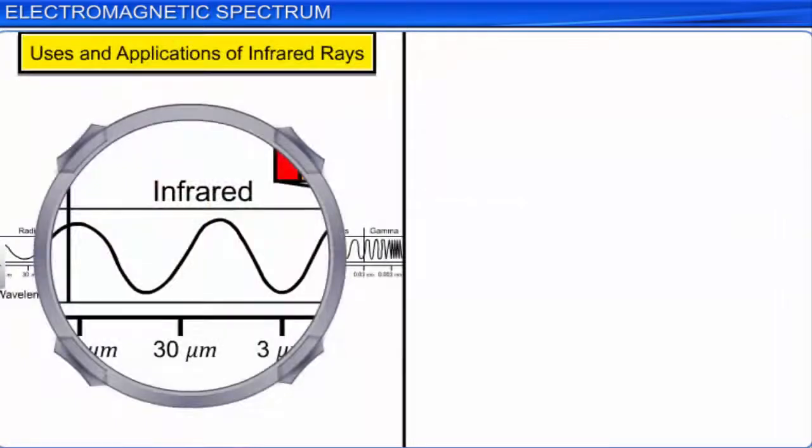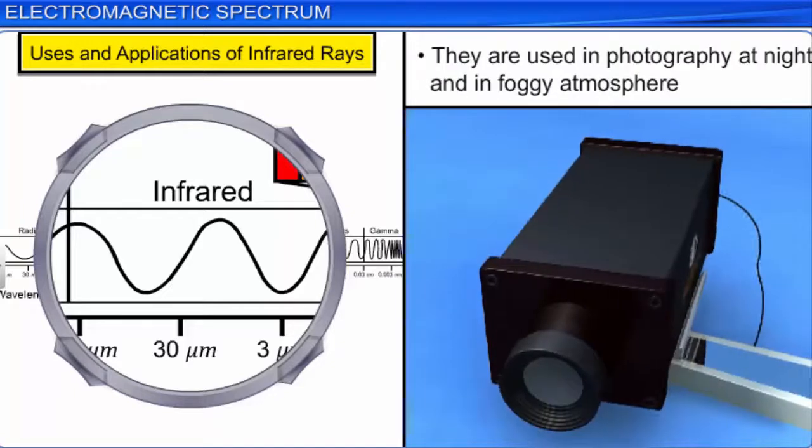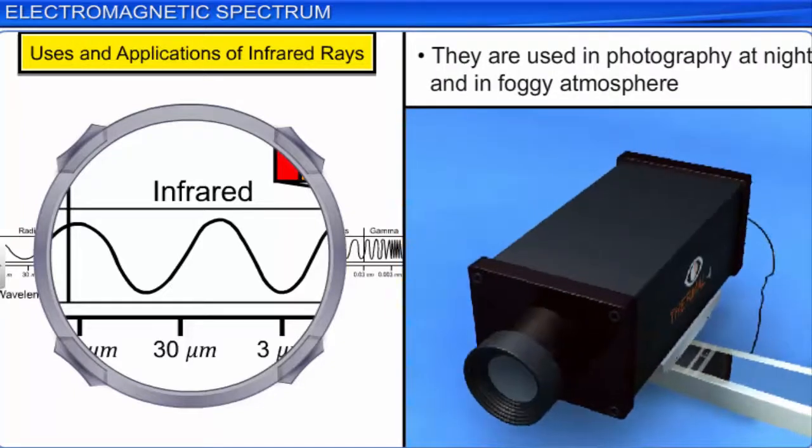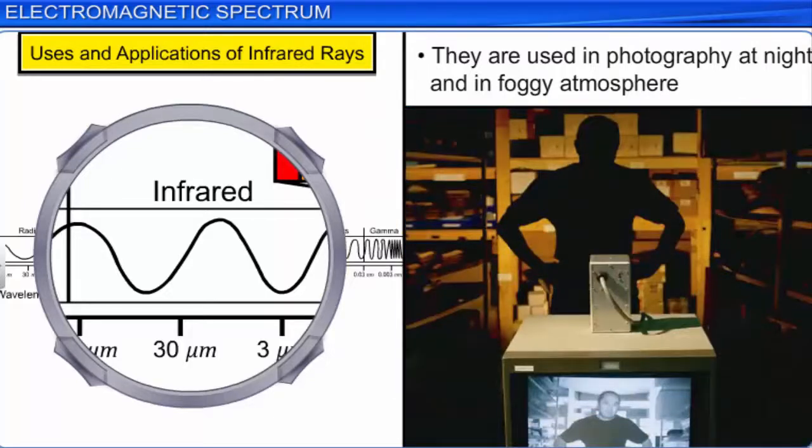Infrared rays are used in various applications. Let us learn about some of them. They are used in photography at night and also in mist and fog, as they are not scattered much because of their very long wavelengths. In night photography, a film sensitive to infrared rays is used.